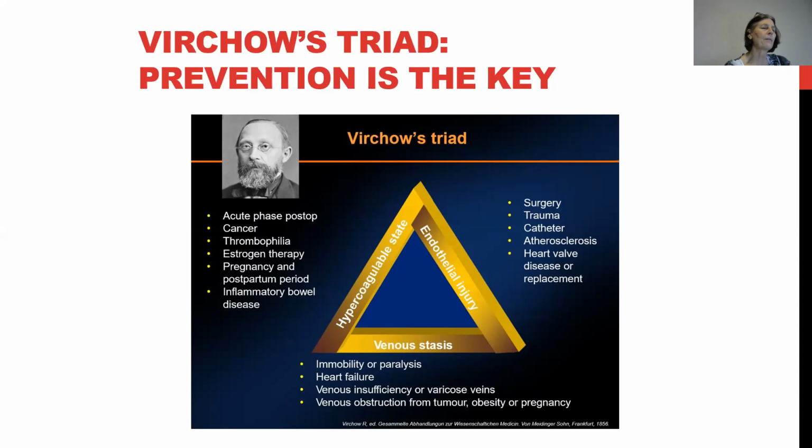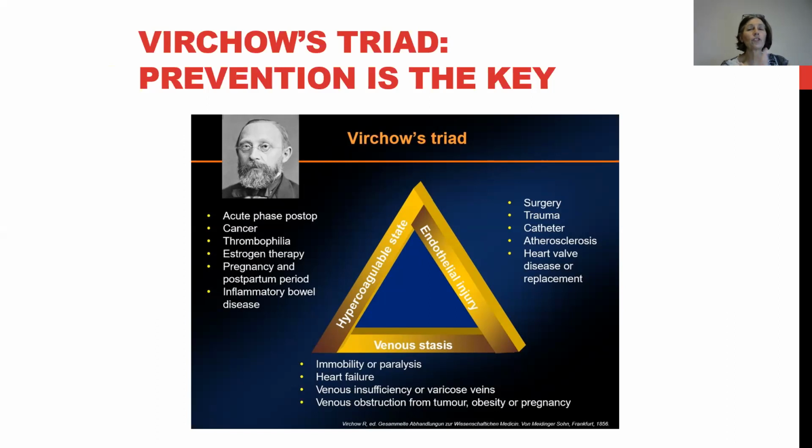And if anything happens to cause them to become hypercoagulable, so if they've got secondary comorbidities, or if they have cancer, or if they've been post-operative from the anesthesia, all of those things can cause hypercoagulability. So if our patient hits that triad, they're super high risk.